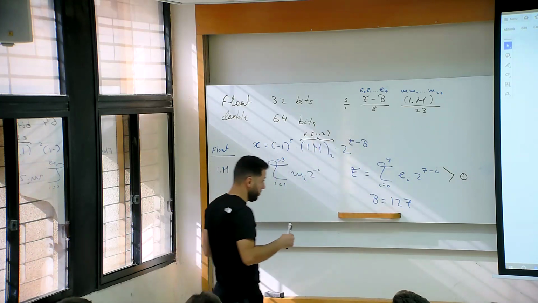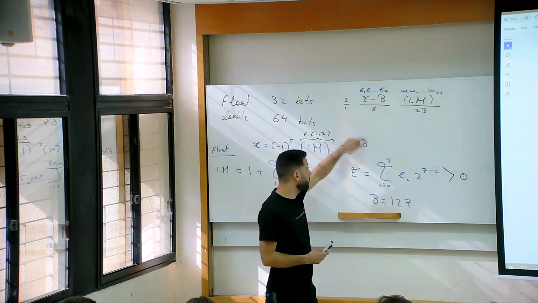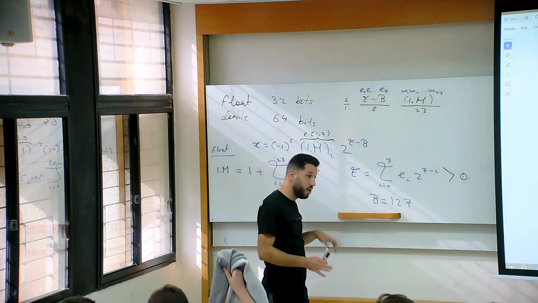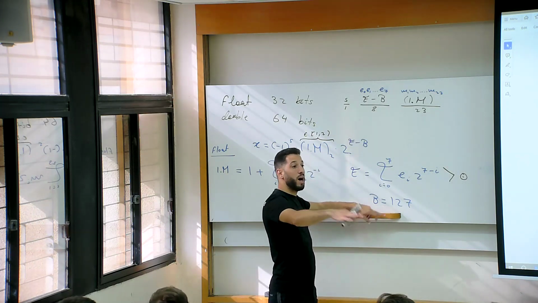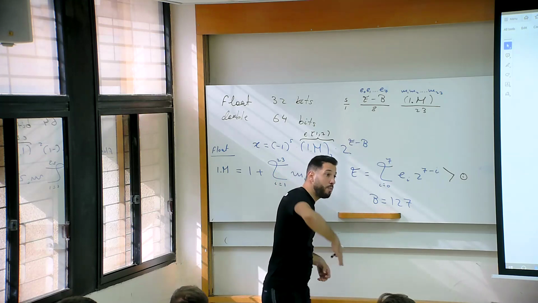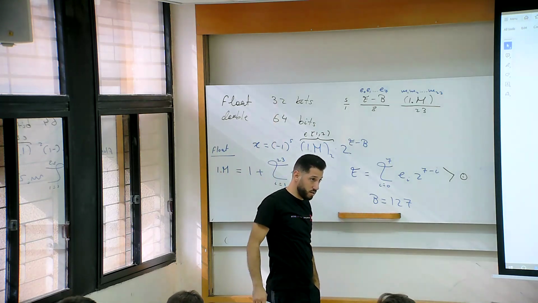And if I give you this way of getting the number, you can see that you can cover numbers as small as 2 to the minus 127 up to as large as 2 to the 128.